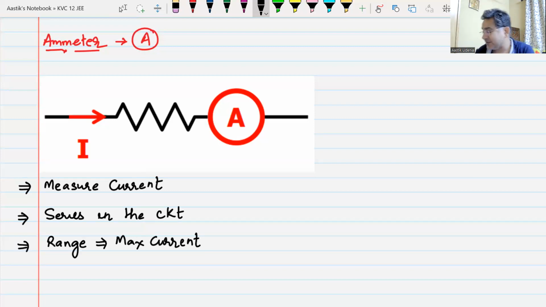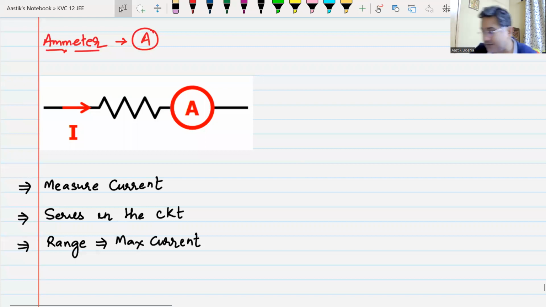Ammeter has a range, and that range gives us an idea of where you can use this ammeter for measuring what values of current. I hope you understand this. First listen to me, then I'll give you the time to write. Ammeter must be connected in series.